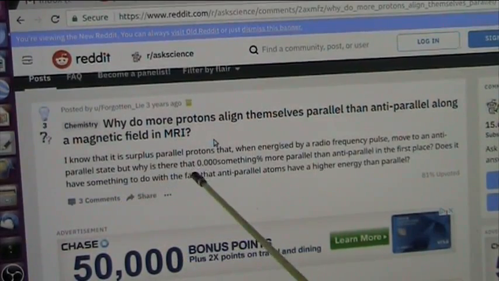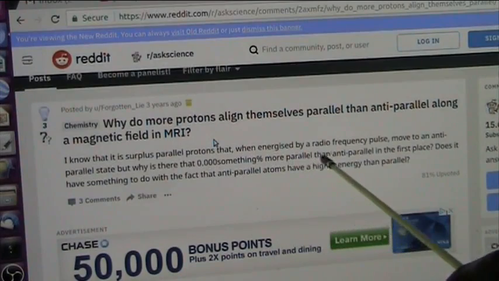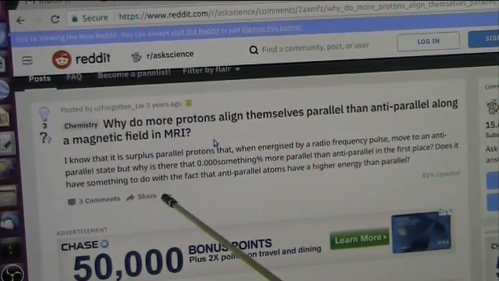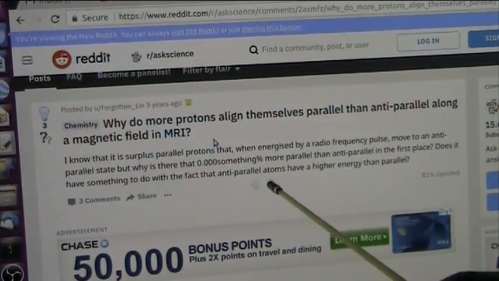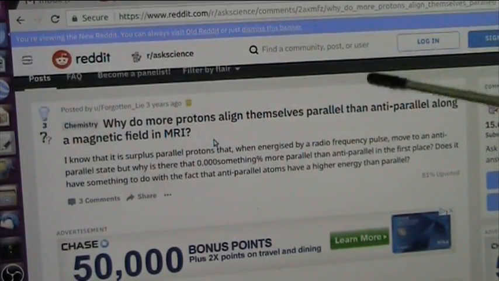But why is there that tiny percent more parallel than anti-parallel in the first place? Does it have something to do with the fact that the anti-parallel atoms have a higher energy than parallel? Yes, my friend, it does.